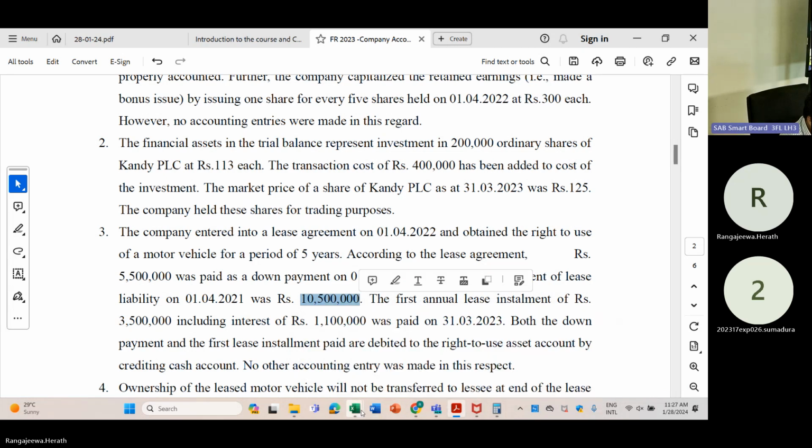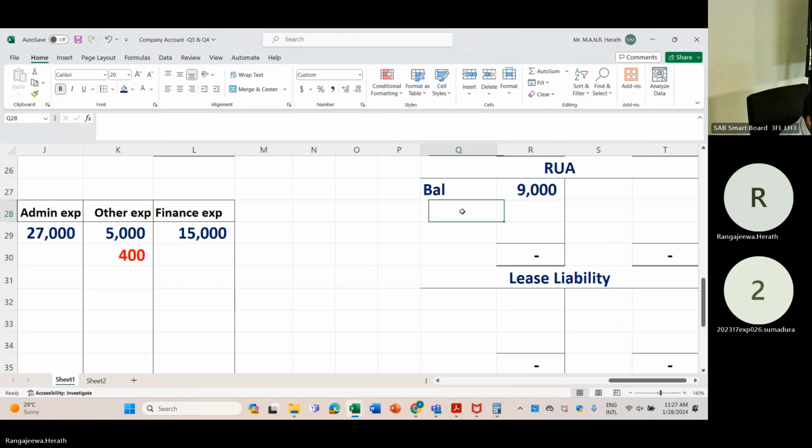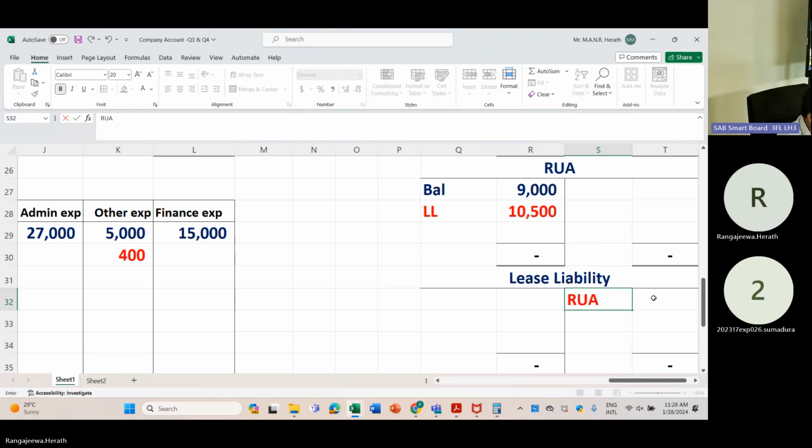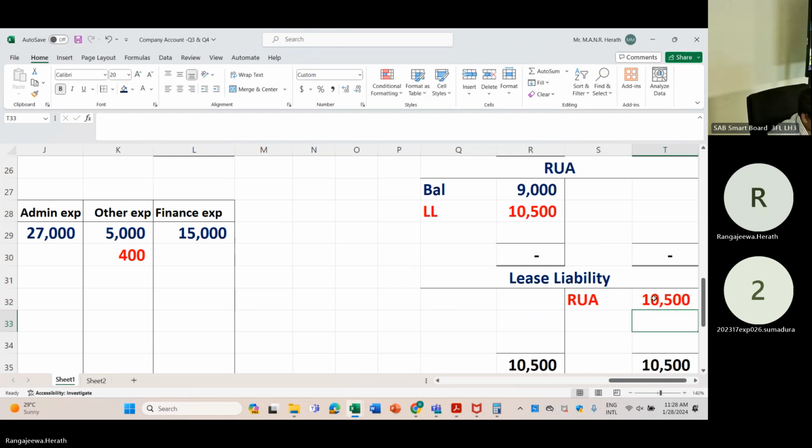අපි ඉස්සරලාම initial measurement of lease liability එක අපිට පුළුවන් right of use asset debit කරලා 10,500 lease liability credit කරන්න. They have not accounted it. Right of use debit, lease liability credit.